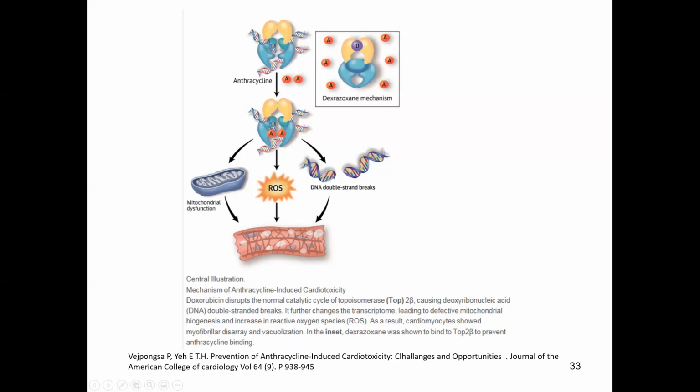So the anthracycline binds this and causes dysregulation of mitochondria, which results in increased reactive oxygen species, which is really where the toxicity is. So dexrazoxane really binds this topo 2 beta and prevents the anthracycline from binding to it and causing this cardiotoxic effect.